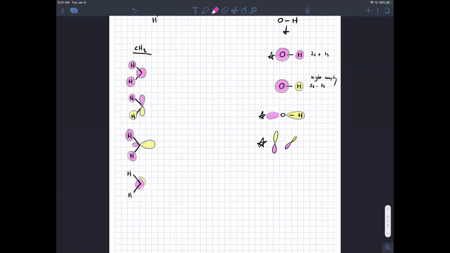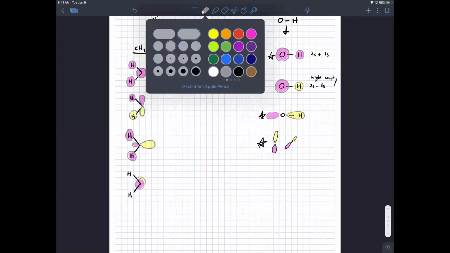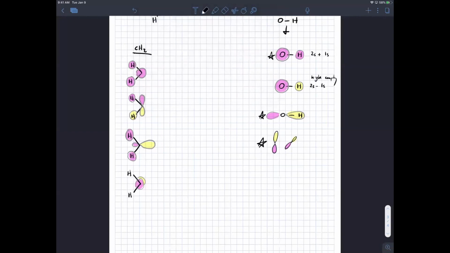I think it can be difficult to see, and I think you do it in the way that produces the best overlap. In other words, I would not choose to combine sigma type orbitals on one side with pi type orbitals on the other, because sigma type orbitals are going to give me end-to-end overlap, which is going to be better than side-to-side overlap.